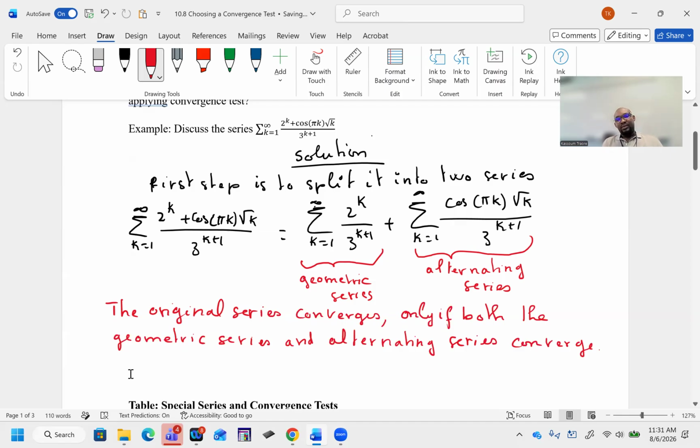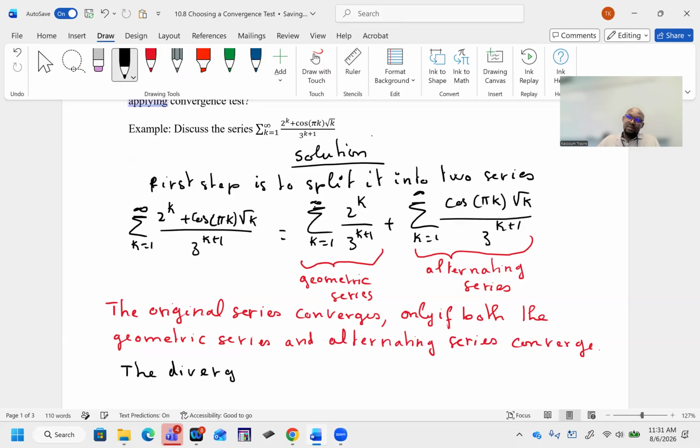So now, how do you test this one? Almost without exception, the divergence test is the easiest test to apply because it requires nothing more than taking a limit. Further, it can lead to a quick conclusion. So the easiest way in this case is the divergence test.